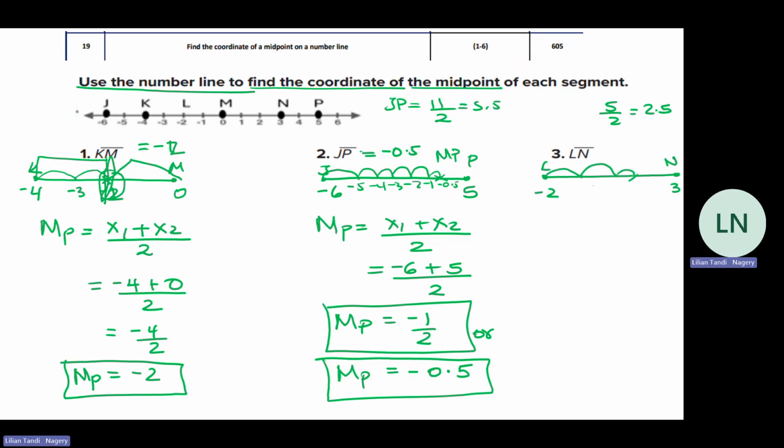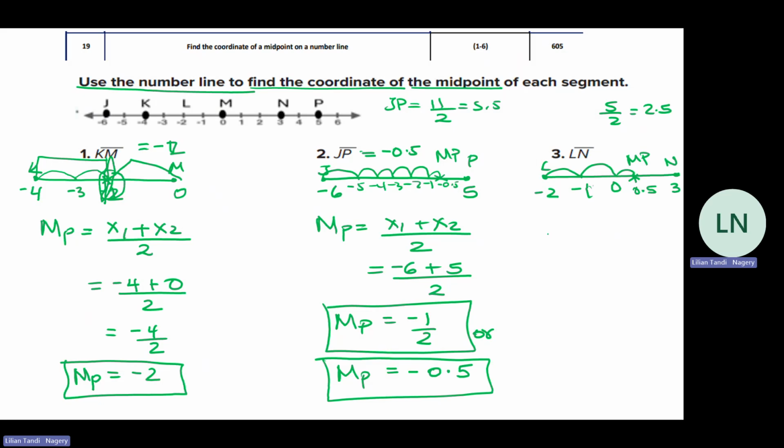That's where my midpoint will be. So this is -1, this is 0, and this is positive because it's to the right of 0, so 0.5.